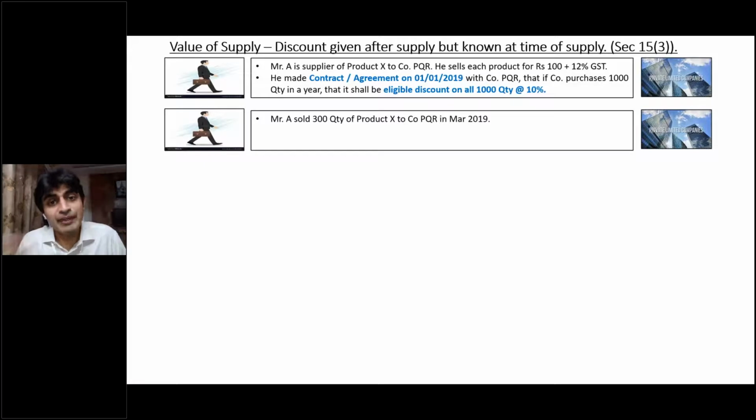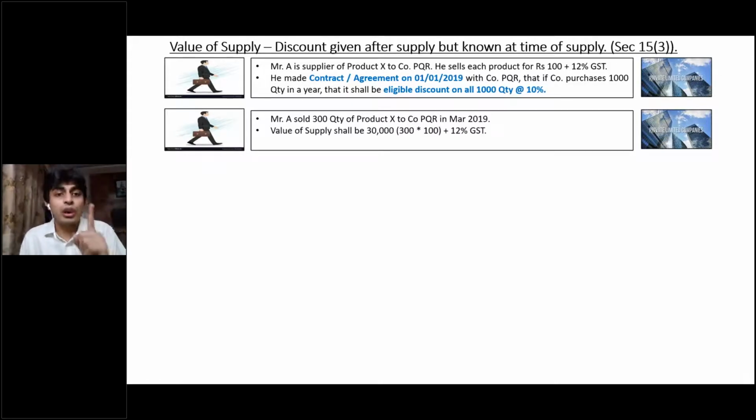So in March 19, Mr. A sold product X of 300 quantity. What is the scheme? If you buy 1,000 quantity, then only will you get the discount. So in March, how much is bought? 300 quantity. So do I know if he will buy 1,000?